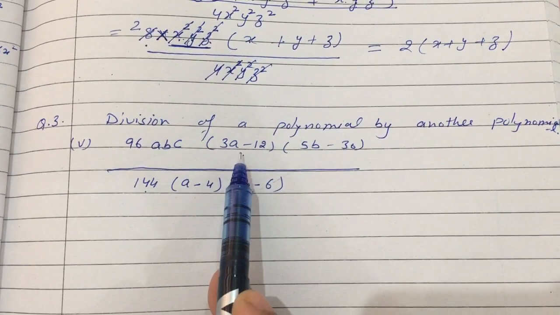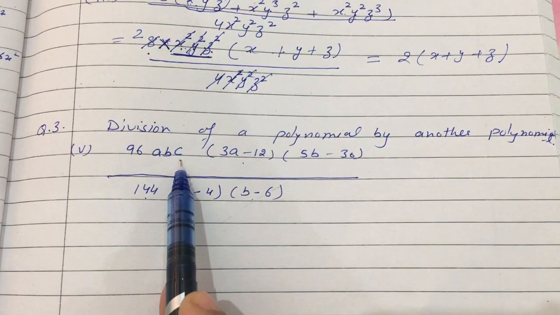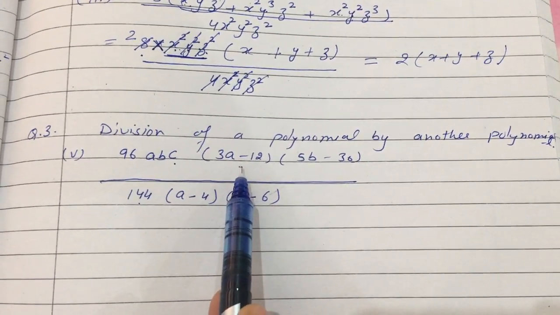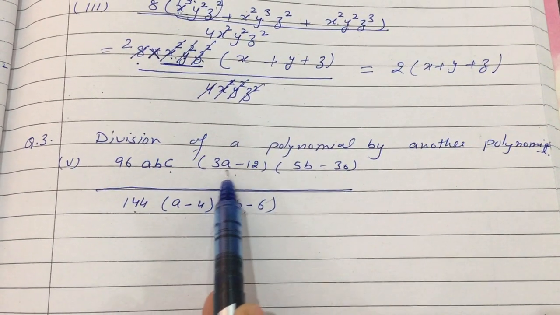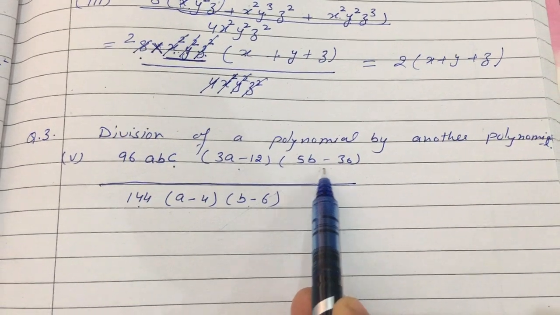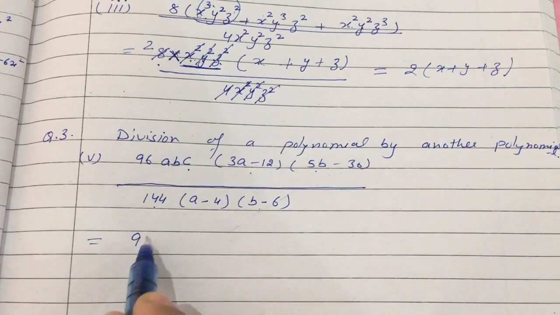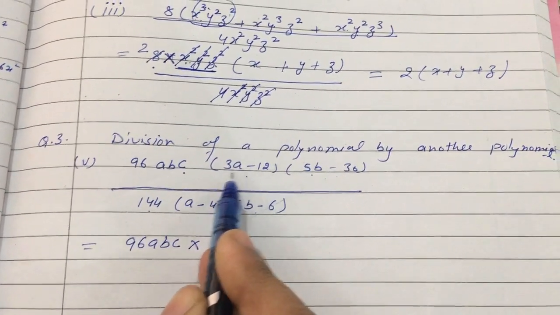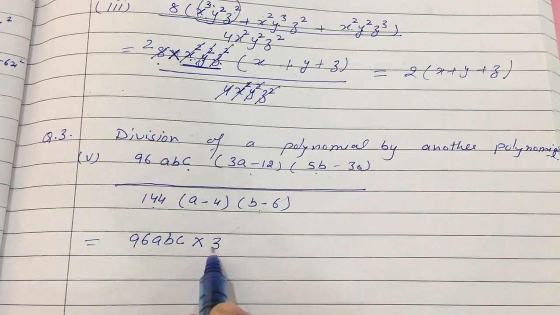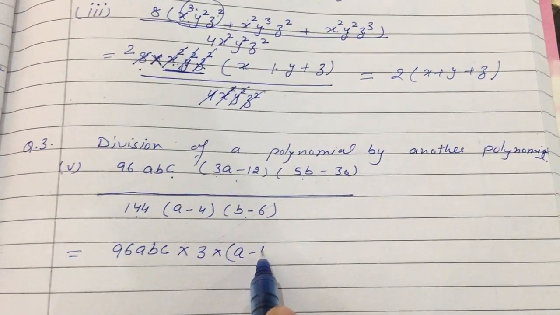First is a monomial; we can take more than 3 also, as 96 and ABC separated can be considered. So from these two binomials we can take common 3 from this binomial, and we can take common from here 5. So if we take 96 ABC as it is, and we take common from this part, that is 3, then we are left with a minus 4.